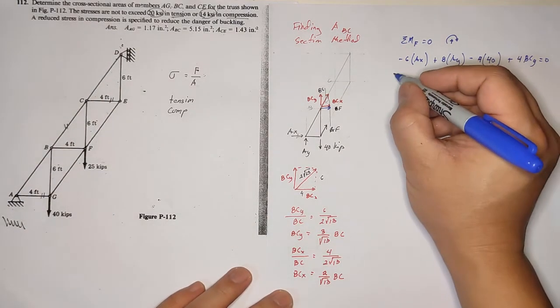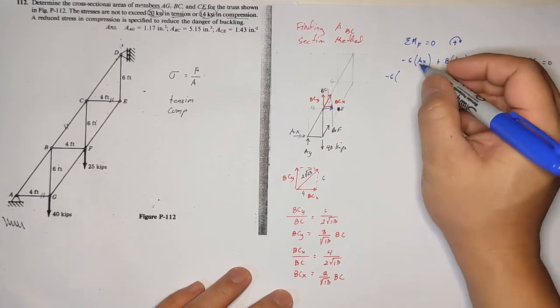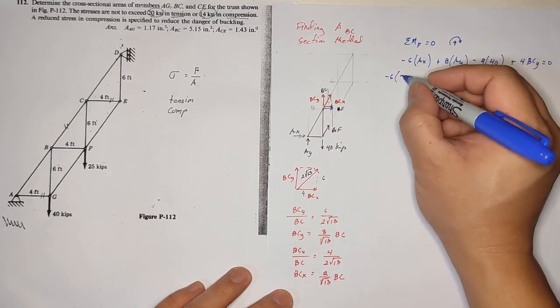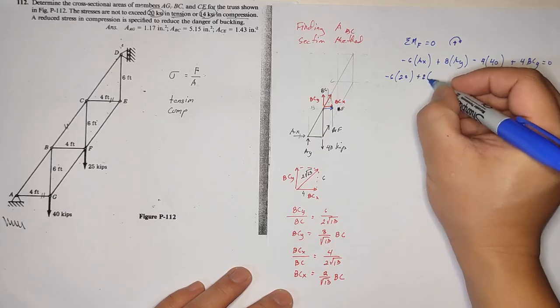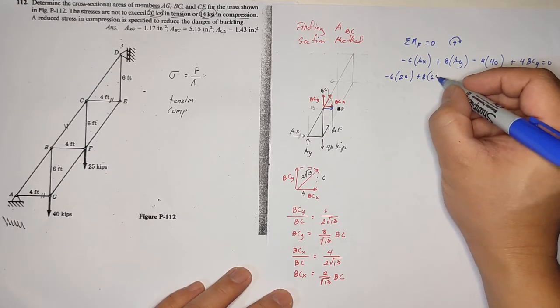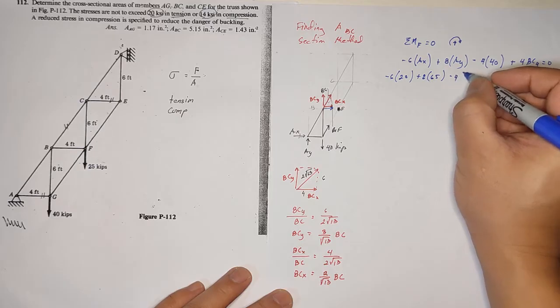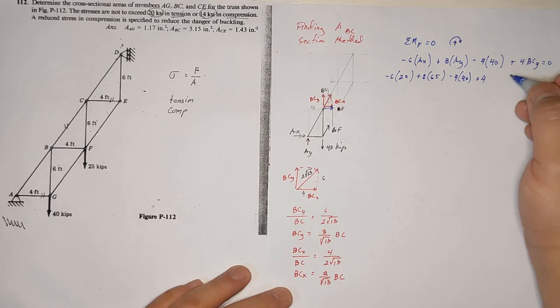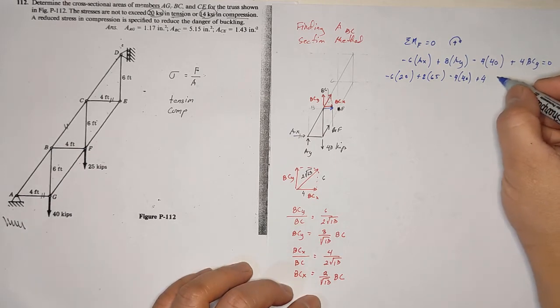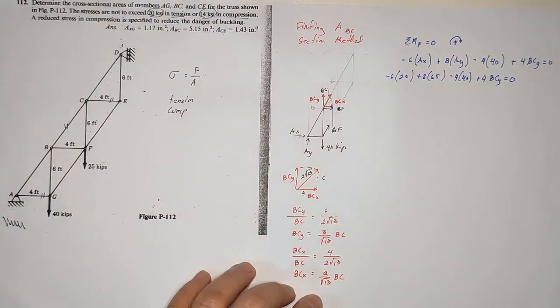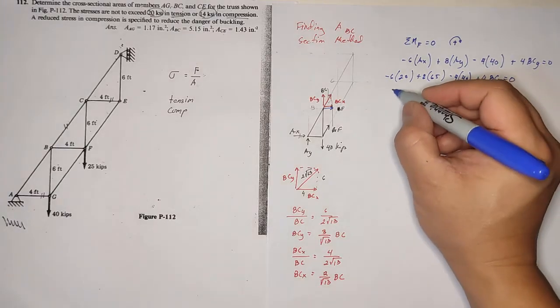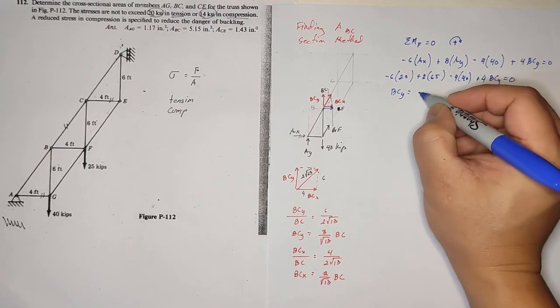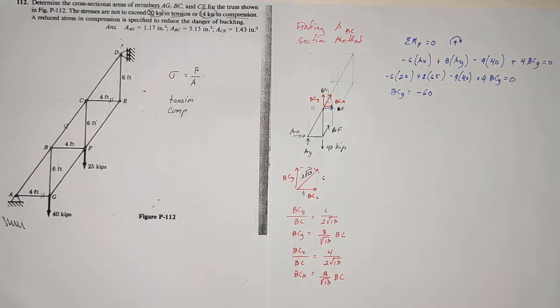Substitute the values. So you have negative 6 AX, it's 20, plus 8 AY, it's 65, minus 4 times 40, plus 4 BCY equals 0, then it turns out that that is negative. Okay, BCY would become negative 60.